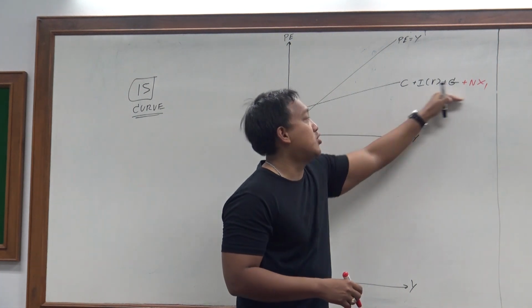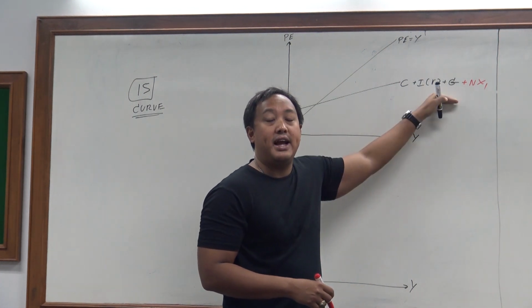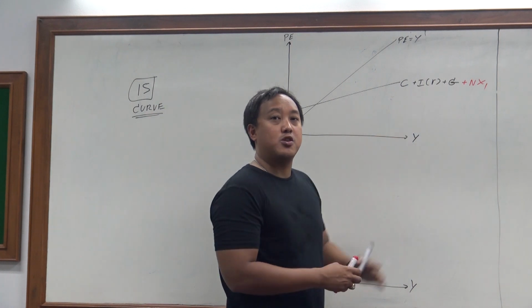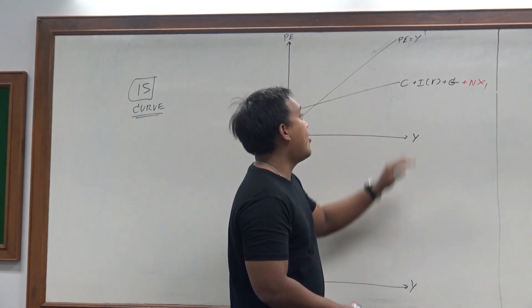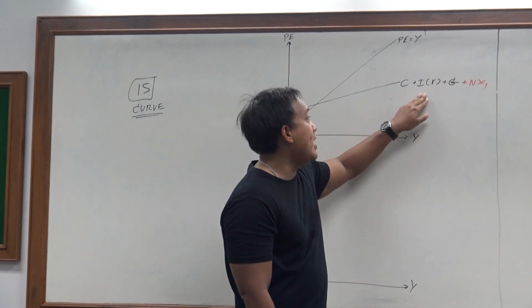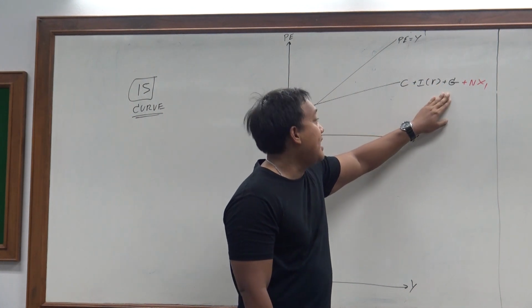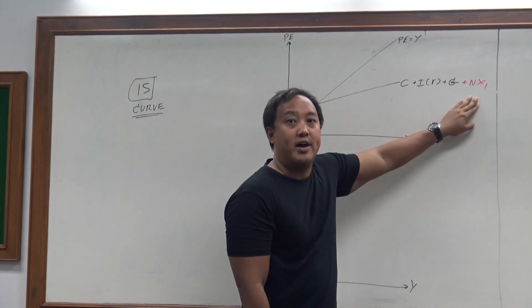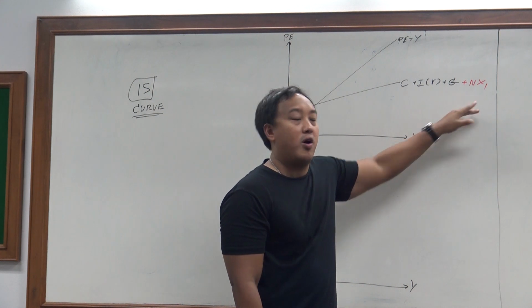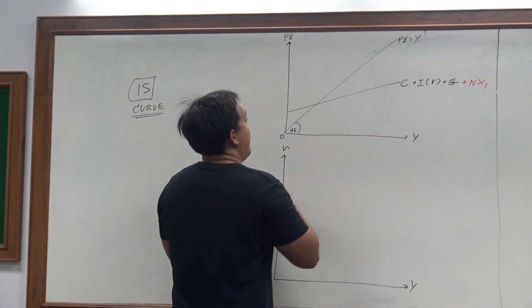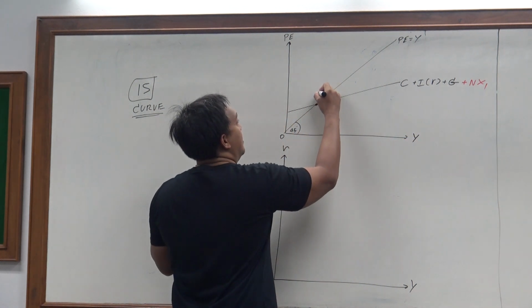So this becomes total spending in the open economy. Total spending in the open economy comes from consumption, investment, government spending, and net export.